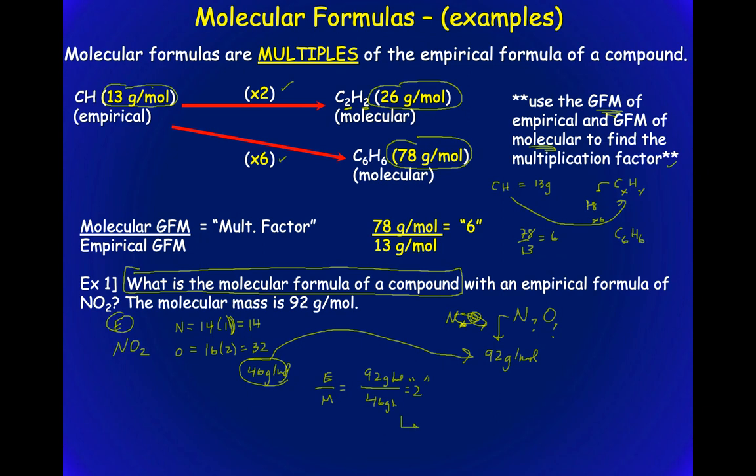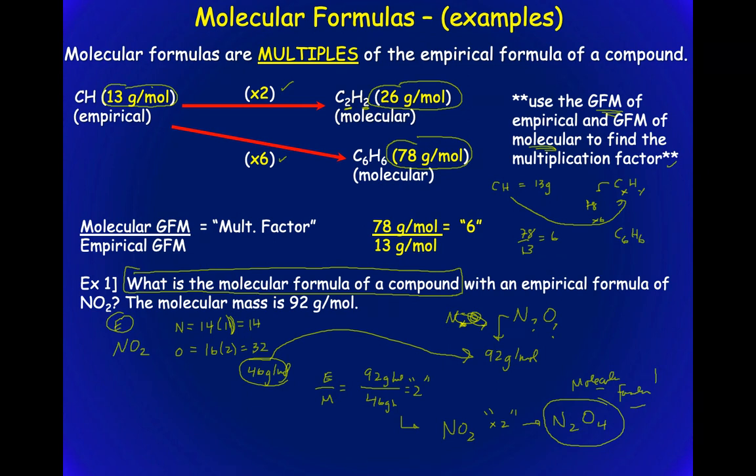So now I can take NO2 and multiply it by 2, and now I get N2O4, and that is my molecular formula. That's the way we can do this, and that's what you want to be able to do in this case.